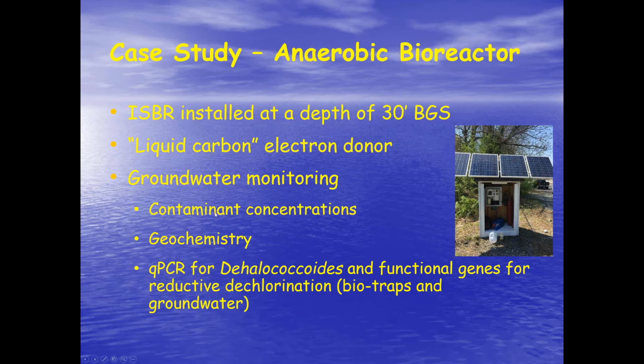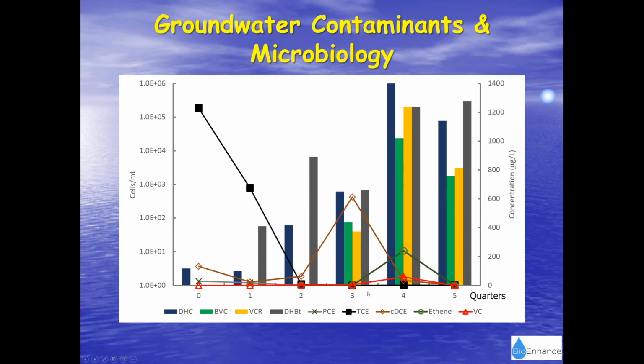We monitored the groundwater looking at contaminant concentrations and geochemistry. And then we used qPCR for the Dehalococcoides, as well as some of the functional genes that code for enzymes involved in the reductive dechlorination process, using biotraps.